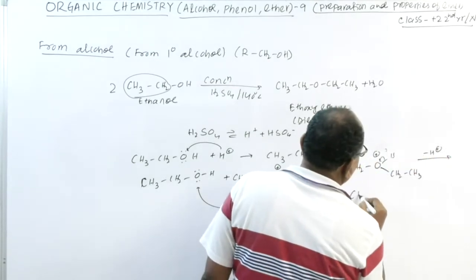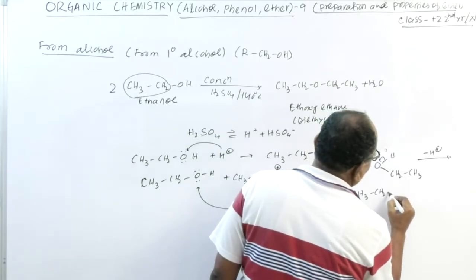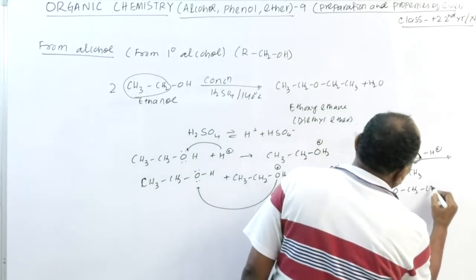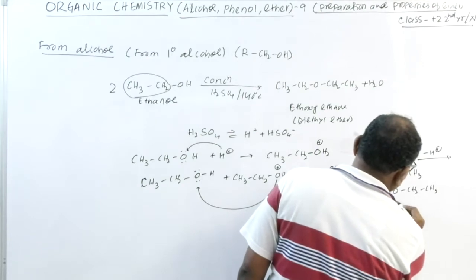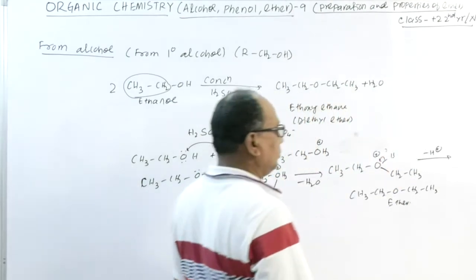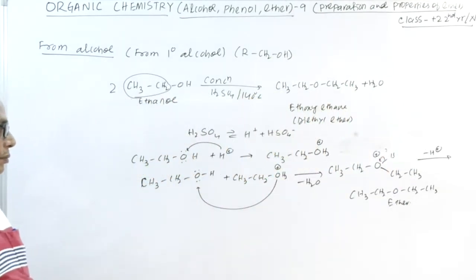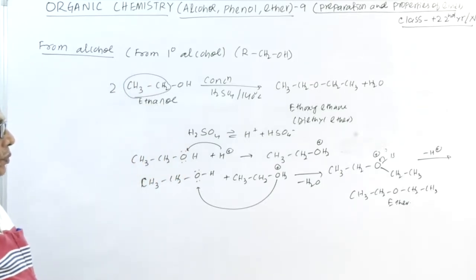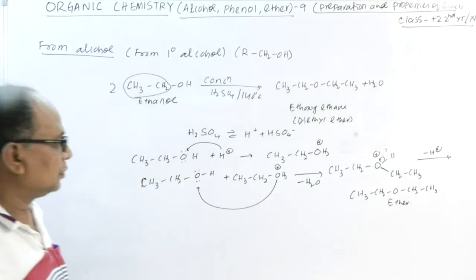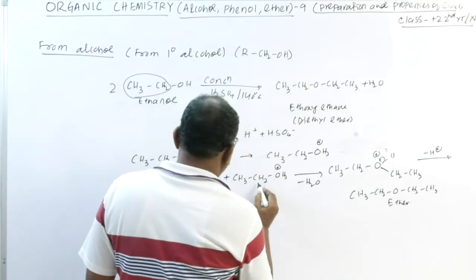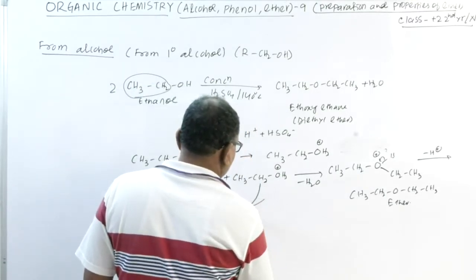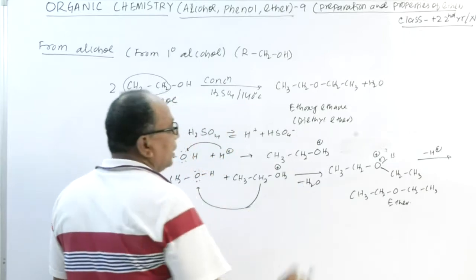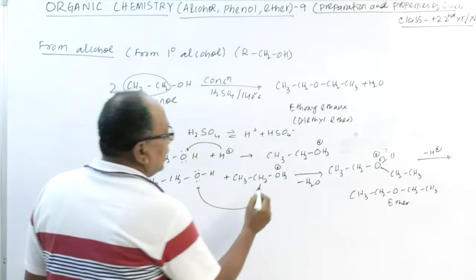This becomes CH3CH2OCH2CH3. This is your ether. This will attack to here, and you get the last molecule of water.